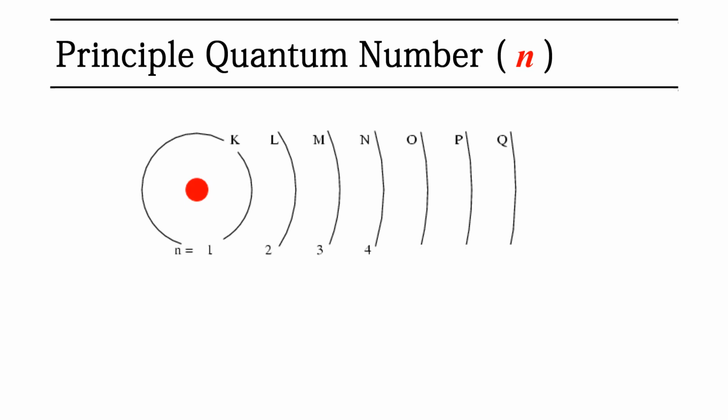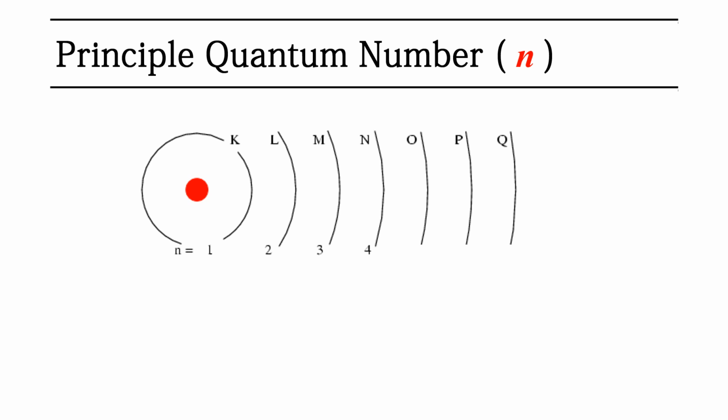Earlier, these principal quantum numbers did not exist, and the principal energy levels were named with English letters. For example, the closest energy level was called K, capital K, then L, M, N, O, P, Q. Numeric values are used now in place of the earlier letters.